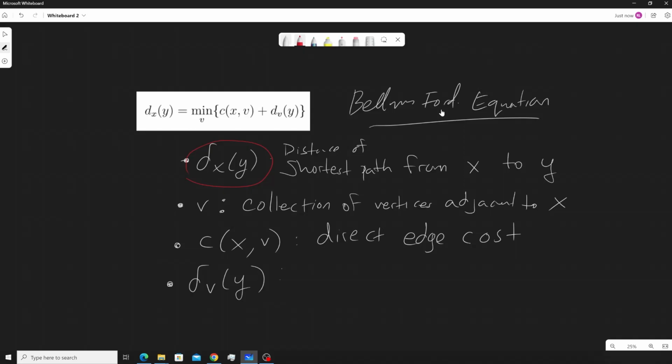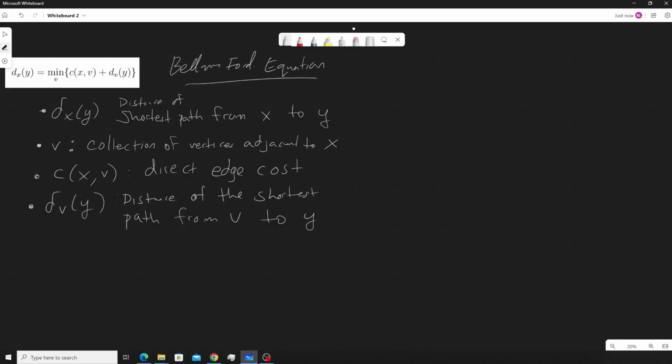Distance of the shortest path from v to y. Okay, so we've got our definitions out of the way. Let's sort of piece it together to see how this works.